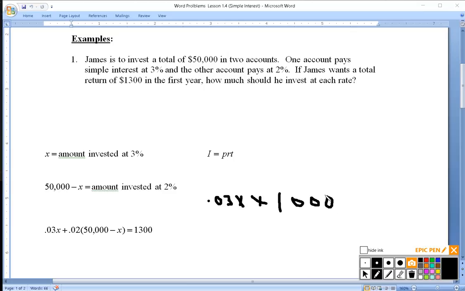Okay, and then 0.02 times minus x gives me a minus 0.02x. And that'll give me what's on the other side, which is the 1,300.